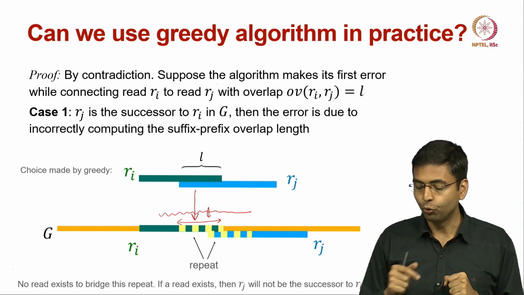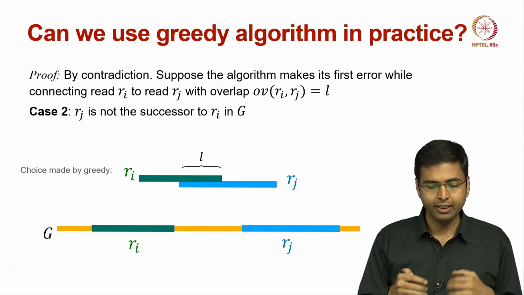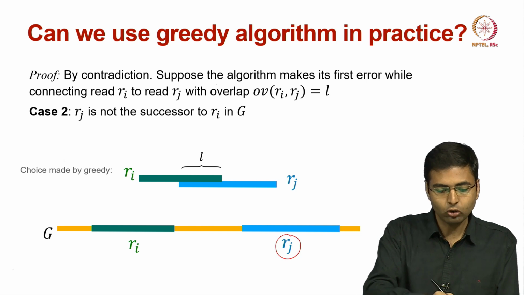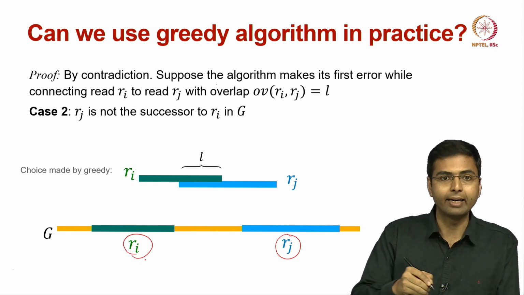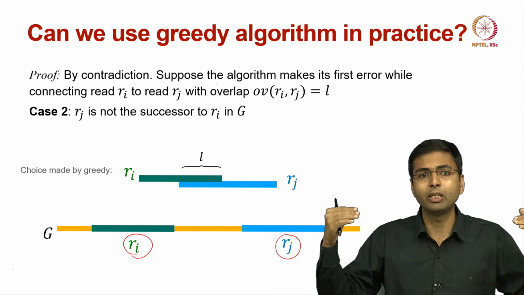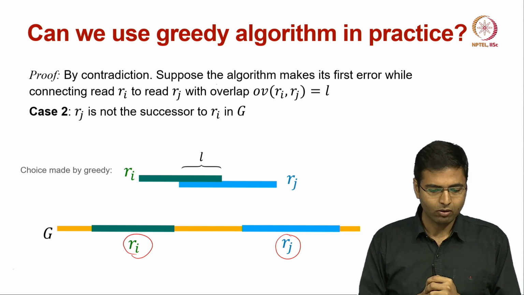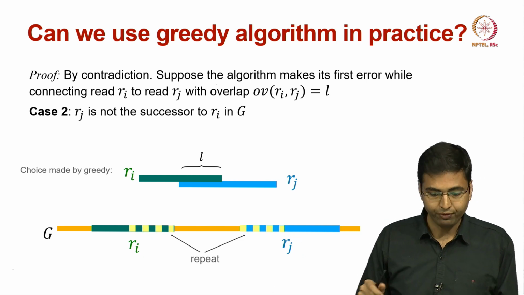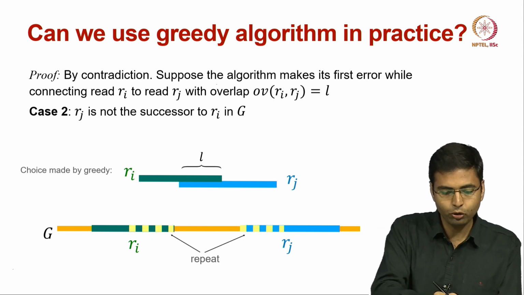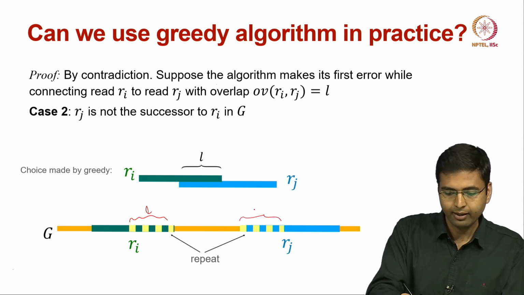Let us move to case 2, where in the actual genome sequence G, read Rj is not a successor of read Ri, that is, they occur at different locations in the genome sequence G. Now, in this case again observe that we have repeats in the genome, because you have a repeat of length L that are equal.